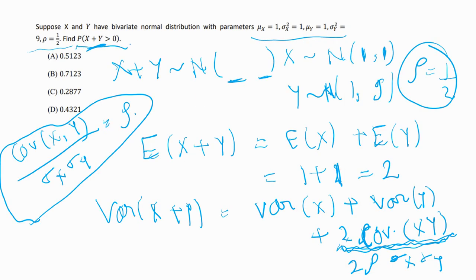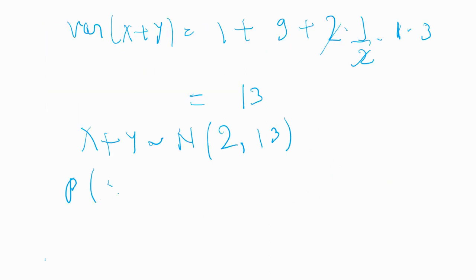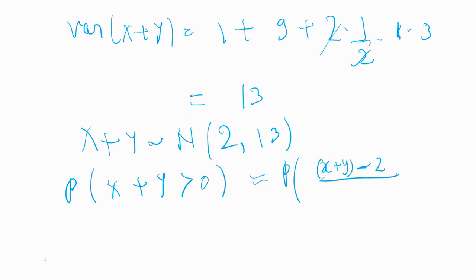So now we can find the probability of x plus y greater than 0 with the help of the standard normal variate. The standard normal variate is the variable minus the mean of the variable, whole divided by the standard deviation of that variable. So it will be x plus y, its mean is 2 and sigma is root 13. We do this on both sides, so it will be minus 2 divided by root 13.